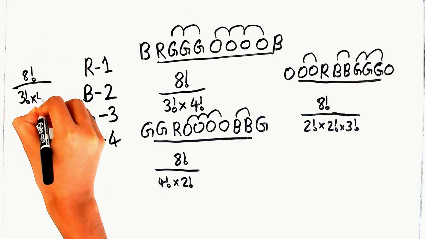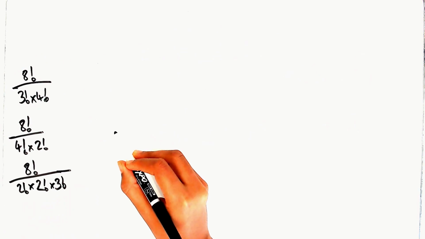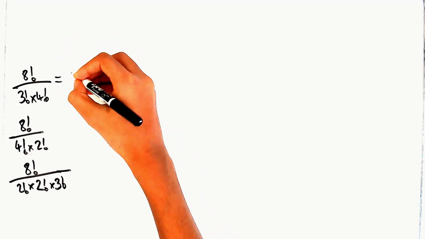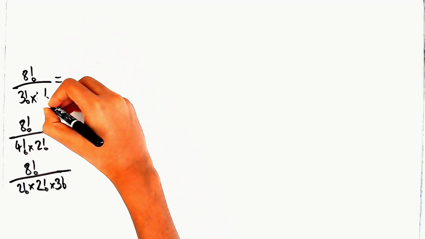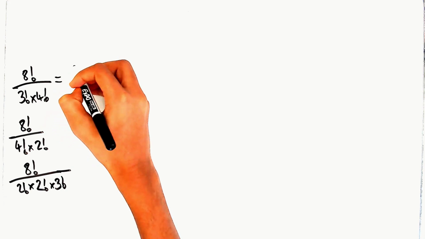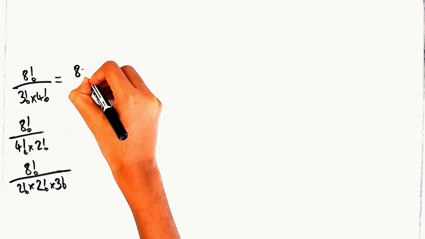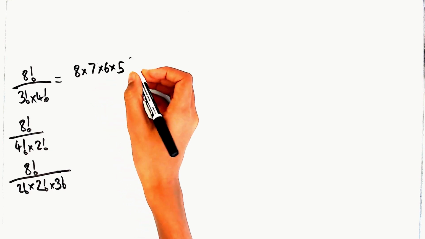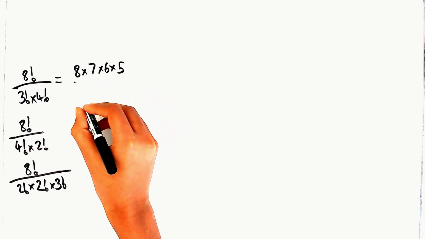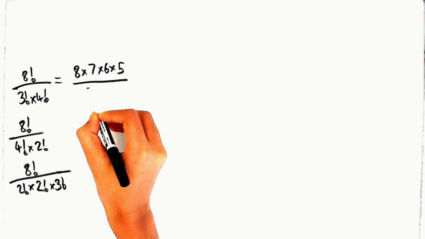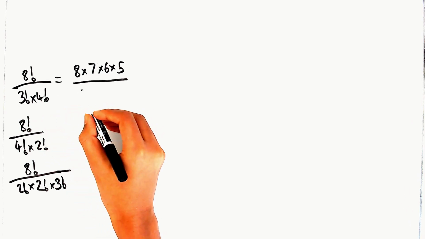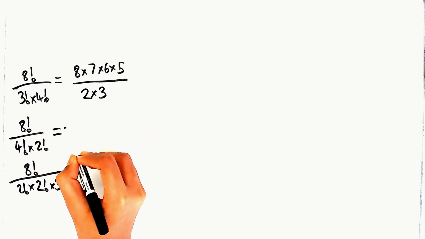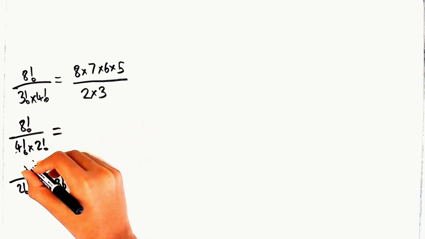So now here, let's actually write these as, so here we can actually cancel out the 4 factorial and just write 8 times 7 times 6 times 5 divided by 3 factorial, which we can write as 2 times 3. Now here, for the 8 factorial, we can also do the same thing.